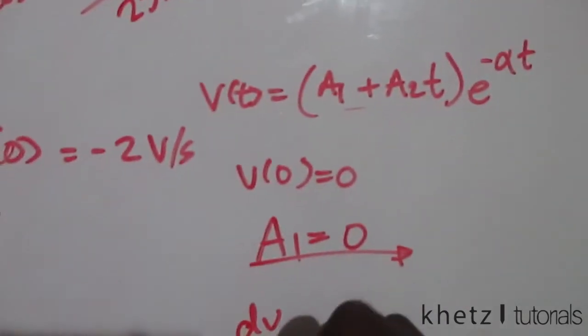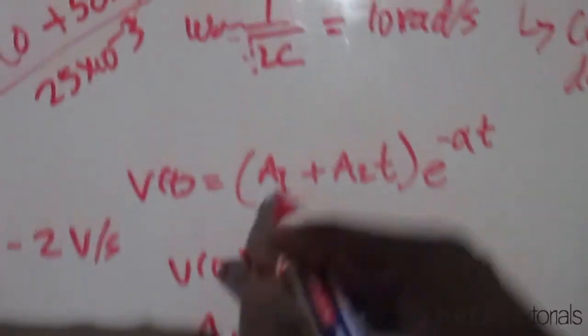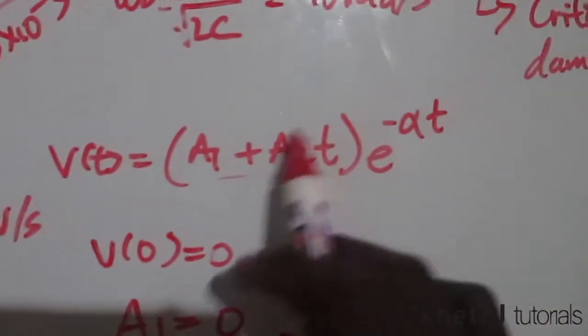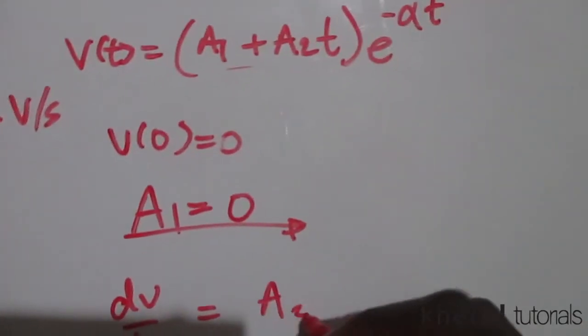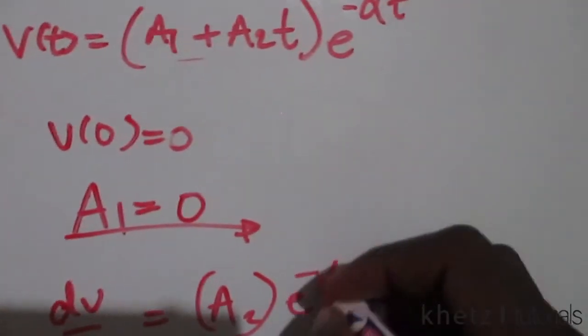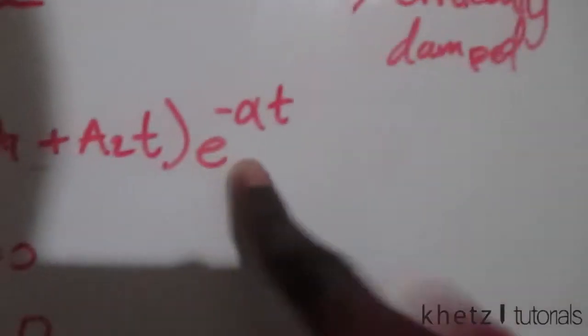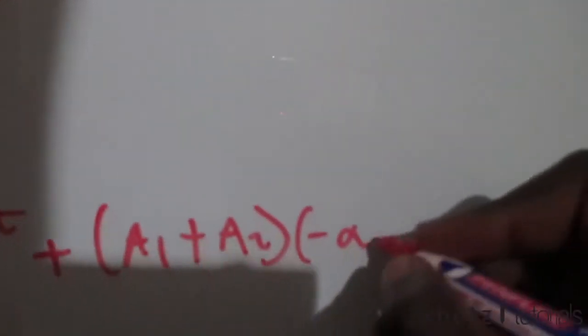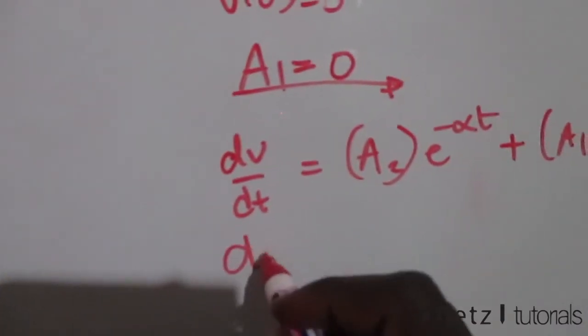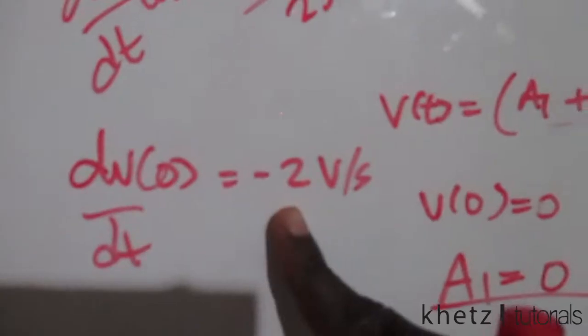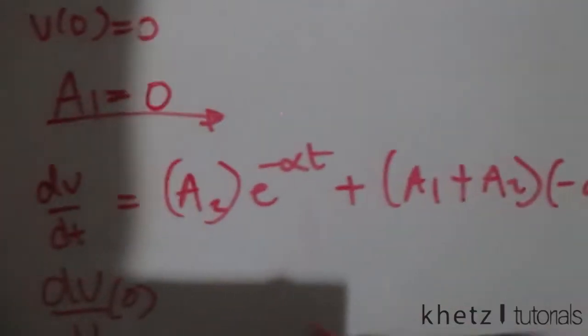So dV over dt is equal to the derivative of this. This is assumed to be constant, so its derivative is going to be 0. The derivative of the next term is going to be A2 multiplied by e to that, and then we leave this as it is. Then we differentiate this, which is going to be negative that. Plugging in the actual values at time 0, we know that this is negative 2, so we equate all of this to negative 2.